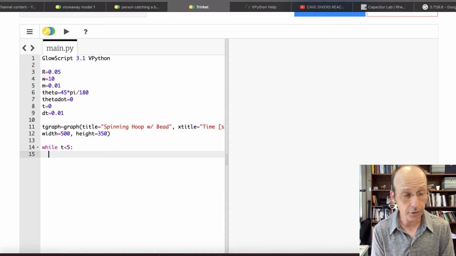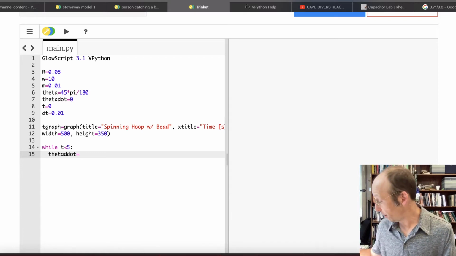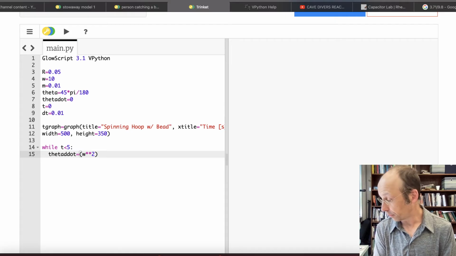So the first thing I want to do is calculate theta double dot. I'm going to say theta d dot, that's my double dot. And now I'm just going to type in the equation I had over here, which is omega squared, w squared. In Python, squared is star star, and I always get scared that it's going to do something else there, so I put that in parentheses.